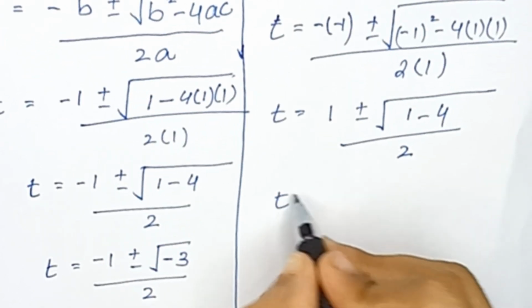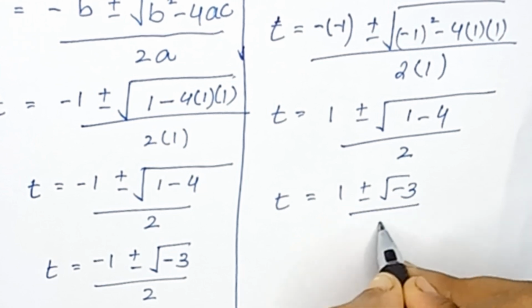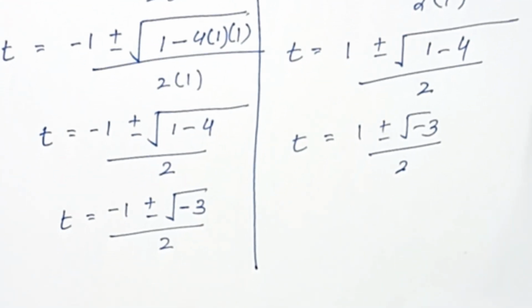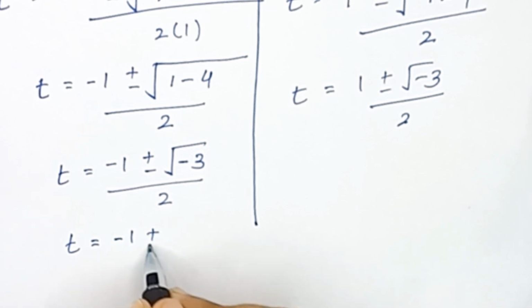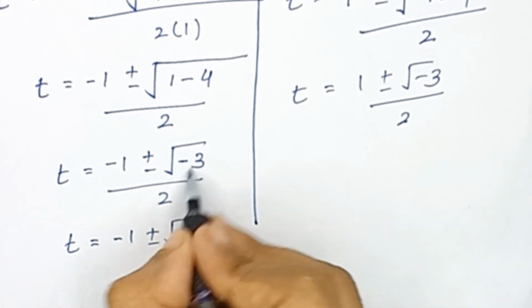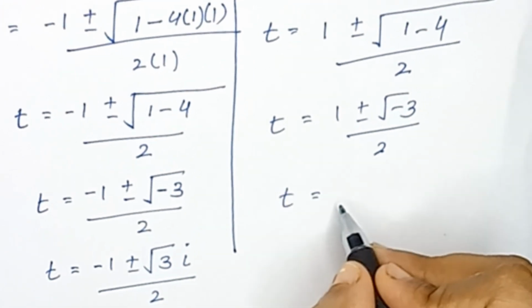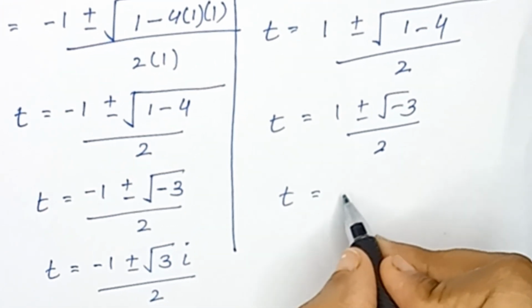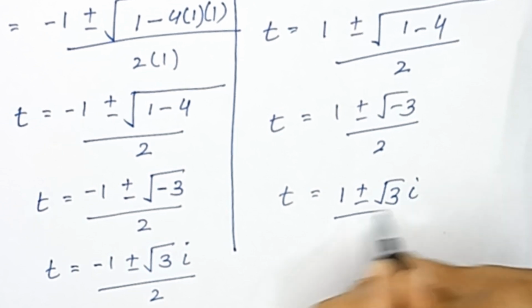And here t will be equal to 1 plus minus square root of minus 3, divided by 2. And we know that square root of minus 1 is the same as iota. Similarly, here t will be equal to 1 plus minus square root of 3 iota, divided by 2.